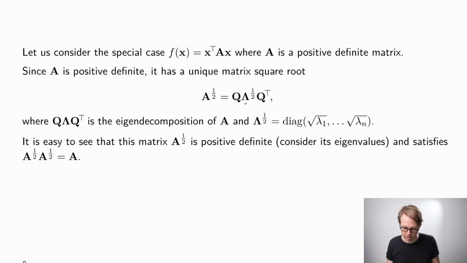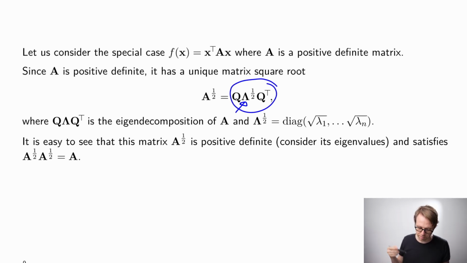In this case, A to the power of 1/2 has to be positive definite, because all the eigenvalues of A were positive in the first place, and the square root of any positive number is still a positive number. Thus, the eigenvalues of A to the power of 1/2 will also be positive.